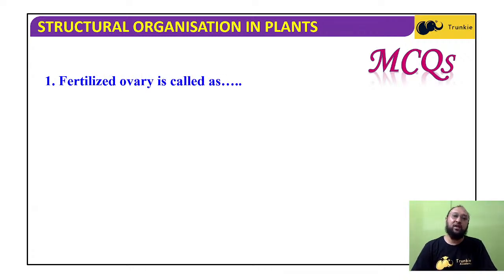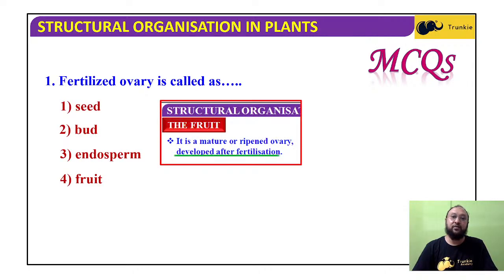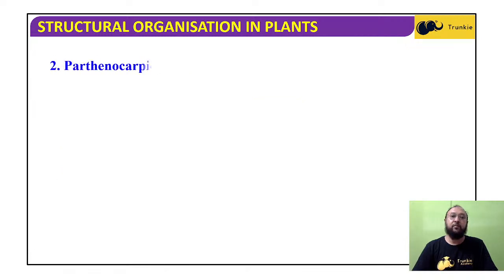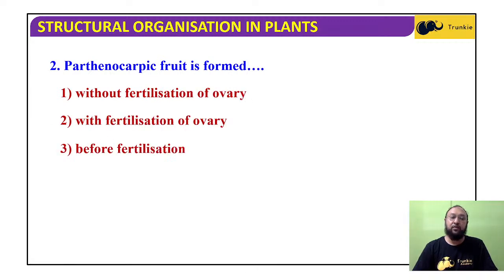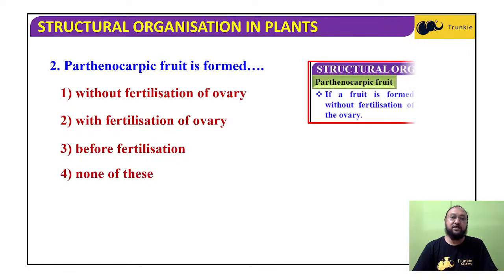A fertilized ovary is called a fruit. Now, a parthenocarpic fruit is formed without fertilization of the ovary.